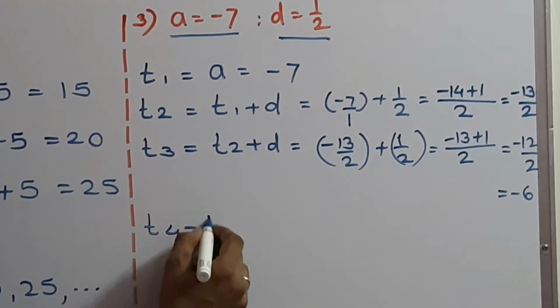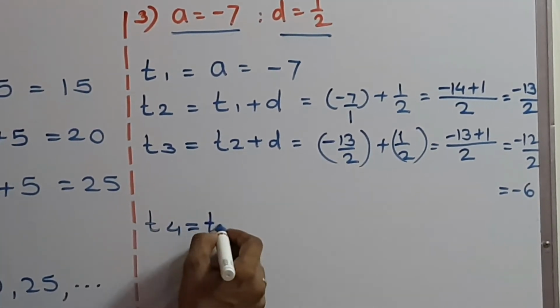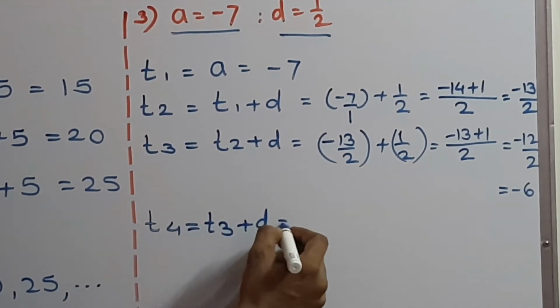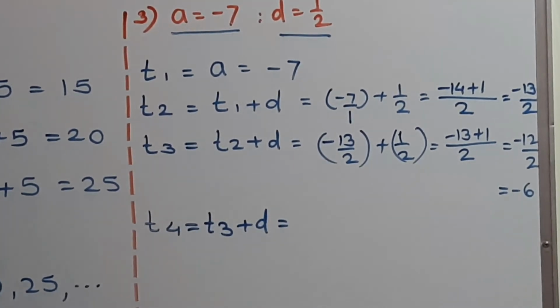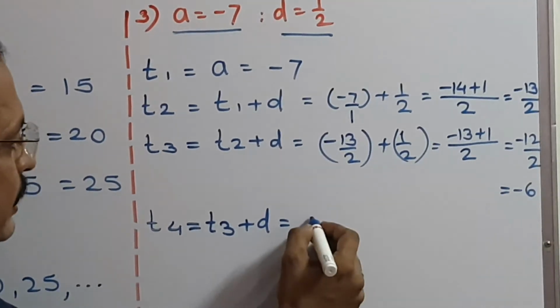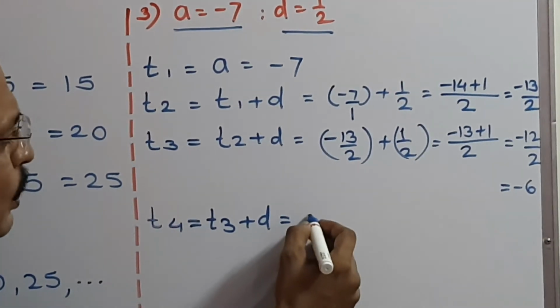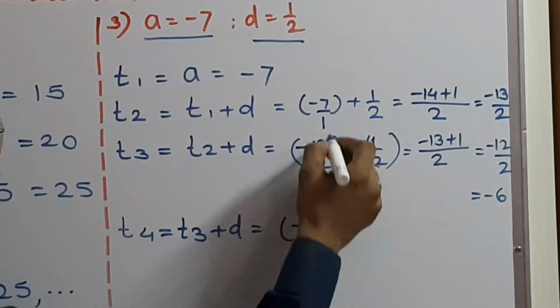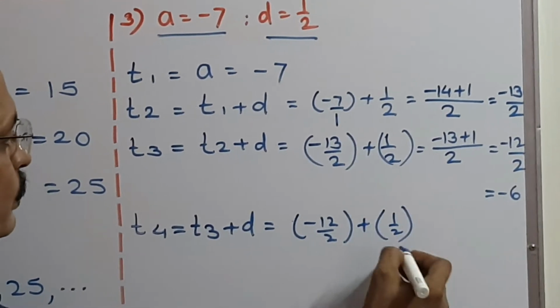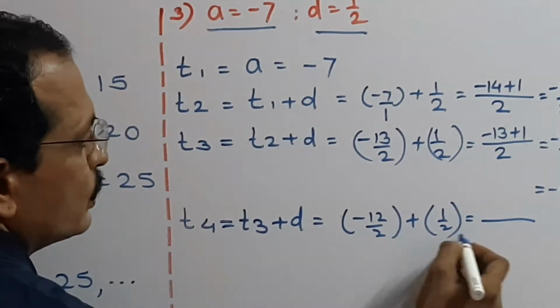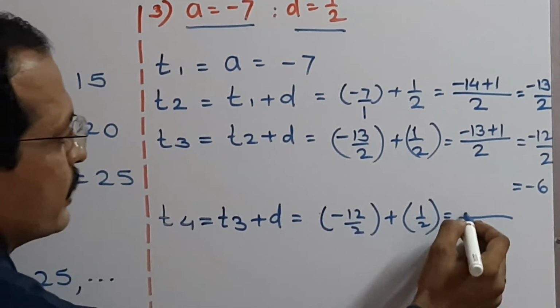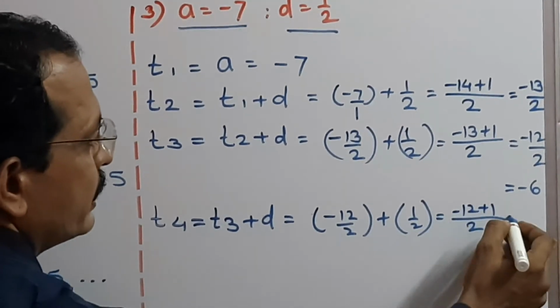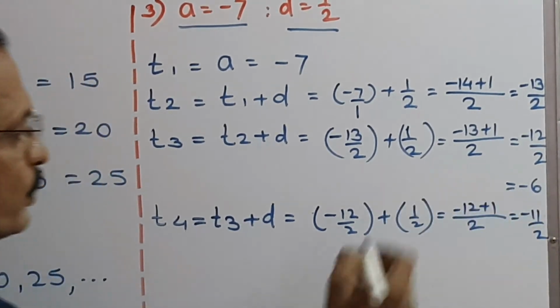Now T4 is equal to T3 plus D. Now T3 is minus 6, or we can take minus 12 upon 2 plus common difference is 1 upon 2. Now here it is 2 and minus 12 plus 1, it is minus 11 upon 2.